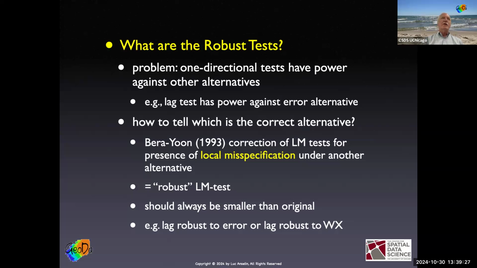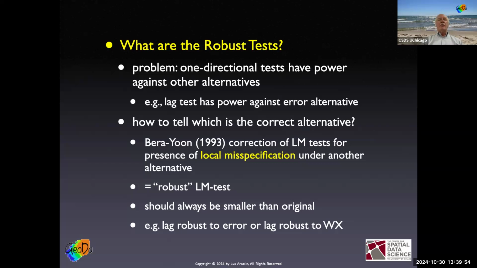Okay, so you do the test, there's a little bit of error, and you correct for that little bit of error to make sure that what you conclude is lag and is actually correct. Or the other way around, you correct for a little bit of lag to make sure that your error test is correct and rejects in the right direction.